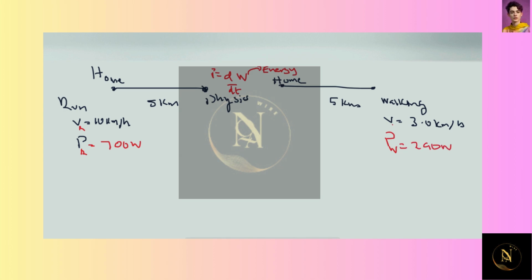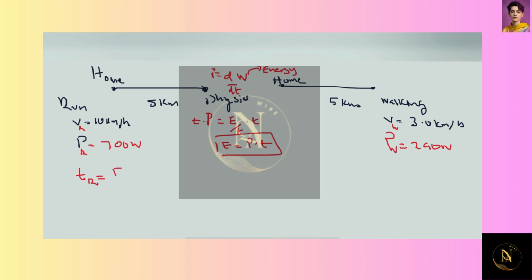Your velocity when you're walking is 3.0 kilometers per hour. We want to find, if you compare walking and running, which one you are going to expend the most energy in. In general, power is energy with respect to time. So to compute the energy, you multiply both sides by t. But we don't have the time, so we need to find the time for running.